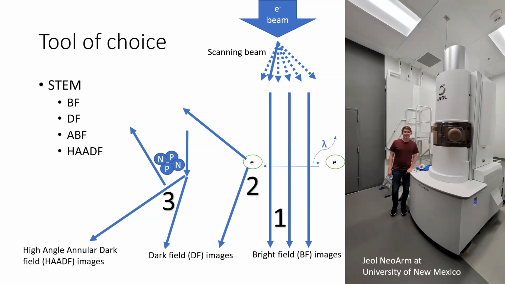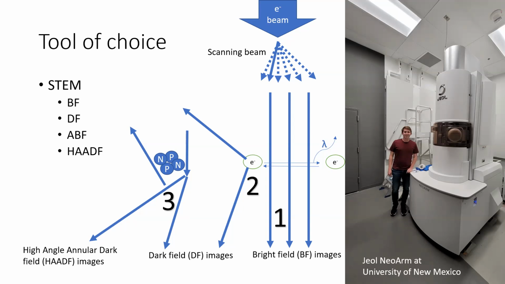Bright field: you're looking at the electrons that don't pass through the sample or get diffracted off. Those leave a darker area, and so your sample is darker. Dark field is the opposite. You're looking at the electrons that are scattered off of the main beam path, so your sample is bright.